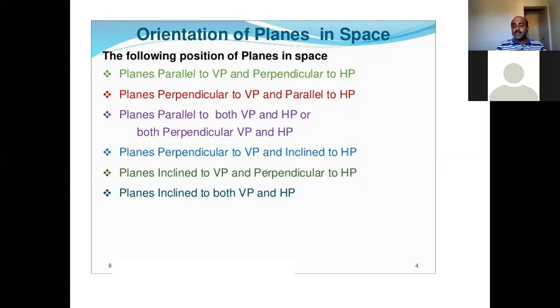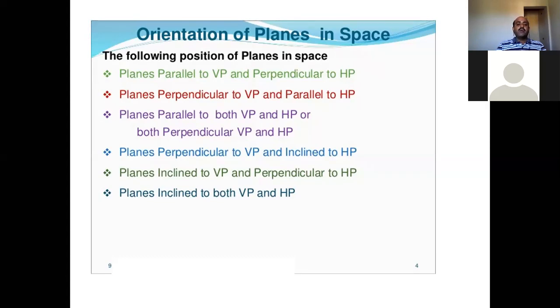You can position it in infinite ways, and all those infinite ways can be put together. So we have listed a certain set of positions of the planes, what we call the standard positions. I will just read them out. Just look at that, and afterwards I will explain each one.